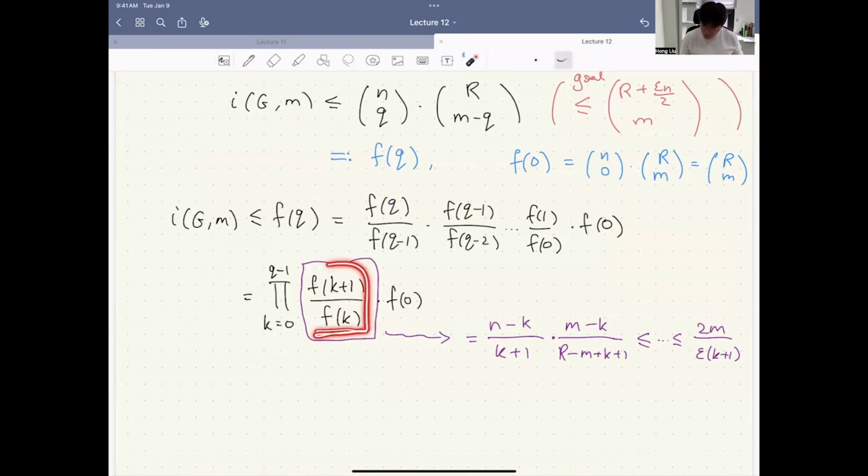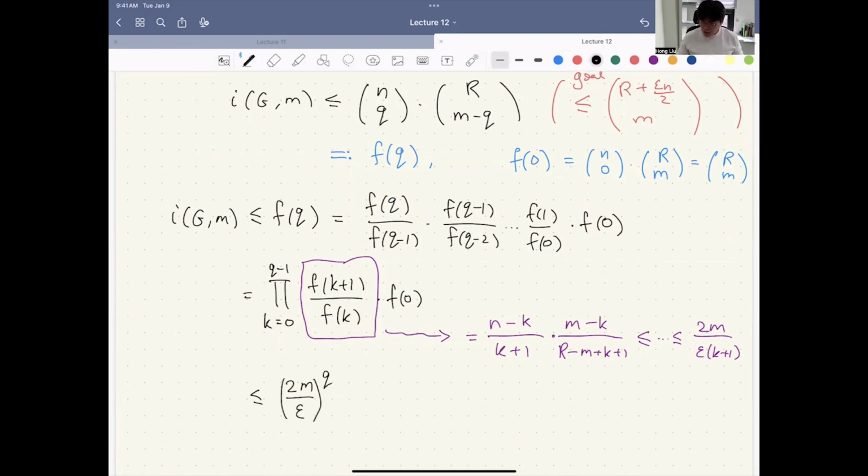Now multiply them together. We take the product Q times, so this is (2M over epsilon) to the Q, and at the bottom we have the product of k plus 1 from 1 to Q, which is Q factorial. And f(0) is R choose M.